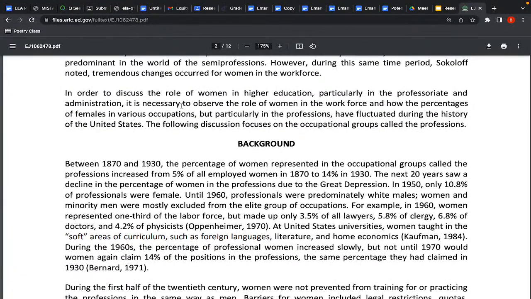Anyway, particularly in the professoriate and administration, it's necessary to observe the role of women in the workforce. Just what I was saying just now, and how the percentages of females in various occupations, but particularly in the professions, have fluctuated during the history of the United States. The following discussion focuses on the occupational groups called the professions.